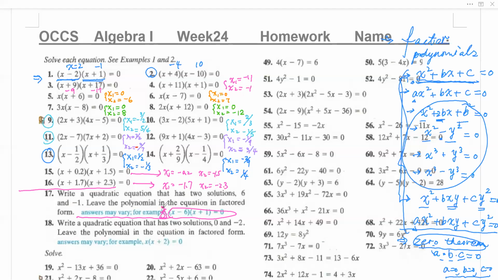You can put a 3, or any number as an additional coefficient in front. Here the coefficient in front is 1, so you can put an additional factor here. For number 17 and 18, the answers are already given, so we don't necessarily need to talk about this one.